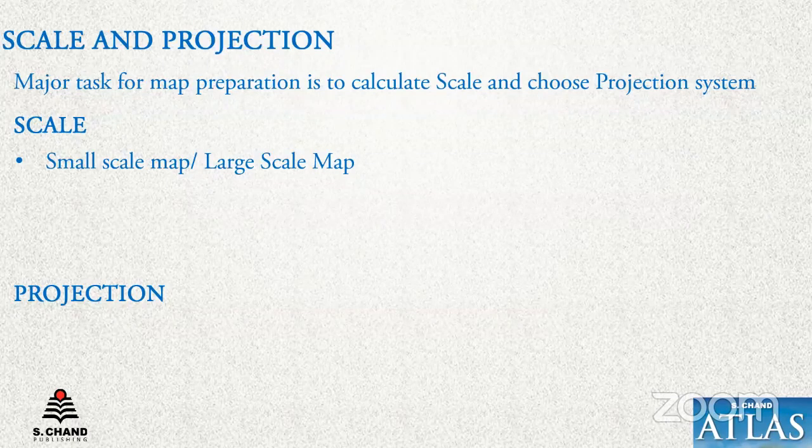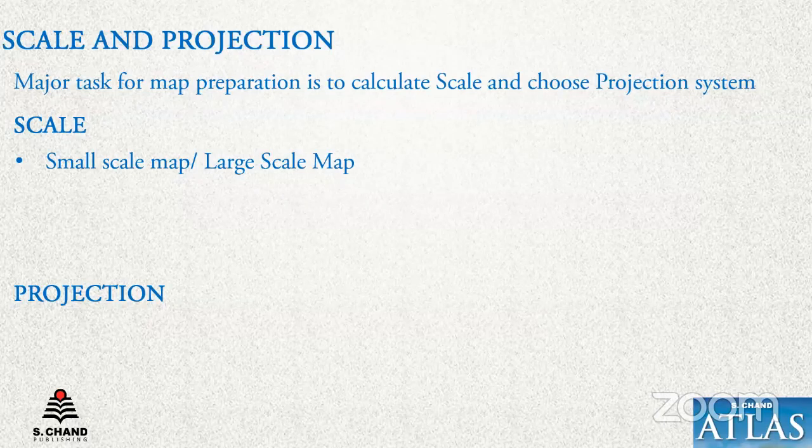Small scale covers a large area with small detail. I'm sorry, small scale is considered for small detail in the map, and large scale means we are showing large detail. Suppose we want to make a map of our society.